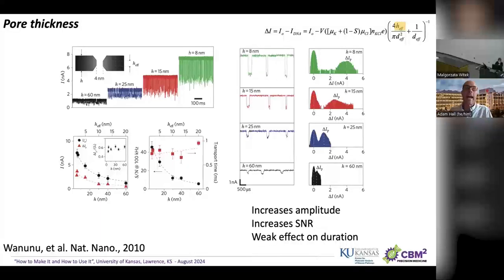That did not actually work out because there are all kinds of other effects and things get complicated. But as you decrease the effective thickness, H_eff, the current going through the pore does increase, and there's an asymptote. You don't really hit the number you expect to hit if you keep going, and the signal to noise ratio does go up.